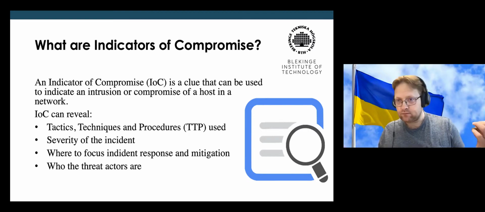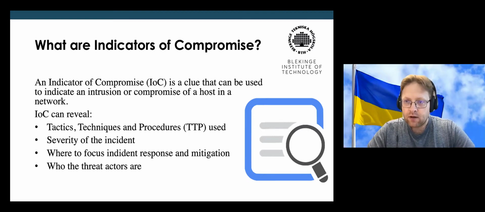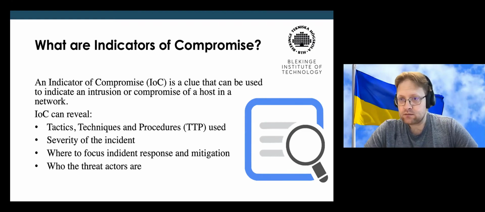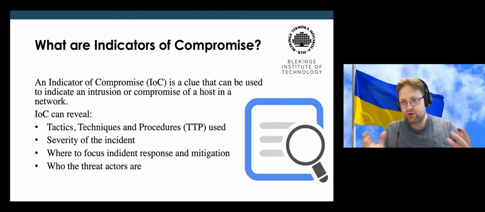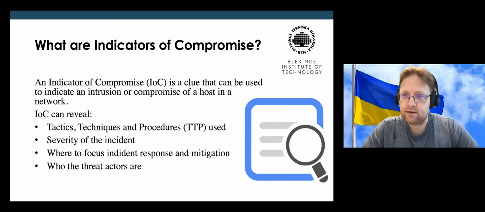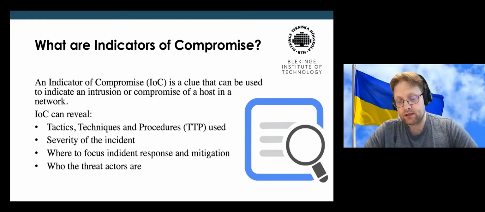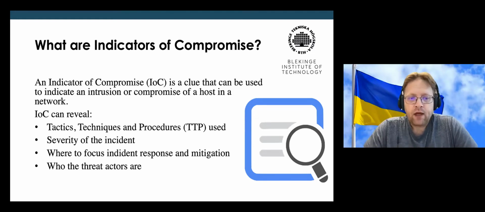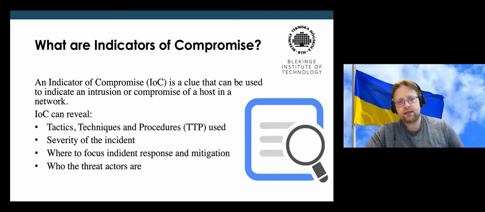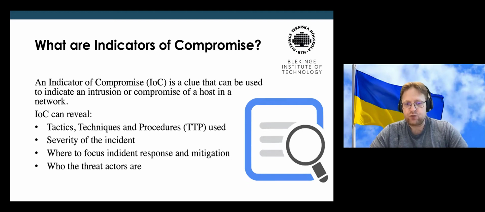For example, some exploiting of EternalBlue vulnerability in the main controller or in accountant computer, that's a different incidents according to the severity and the level. And of course, indicators of compromise could help us to understand how to respond, handle, and mitigate the current incident best way.